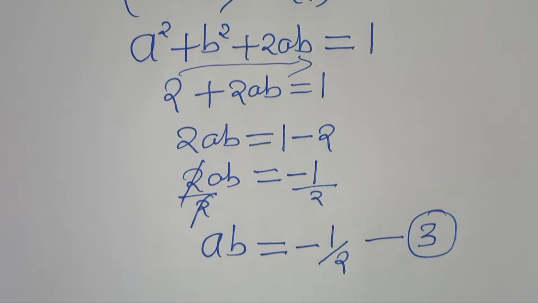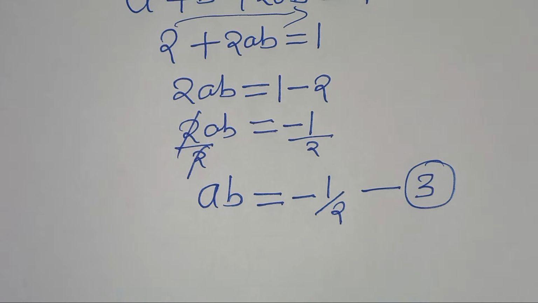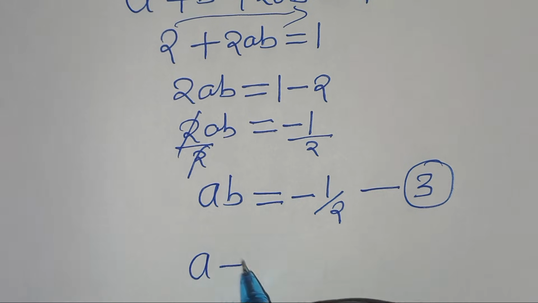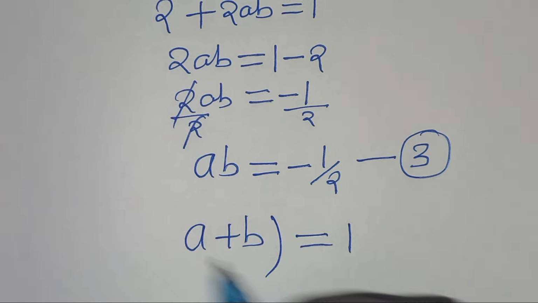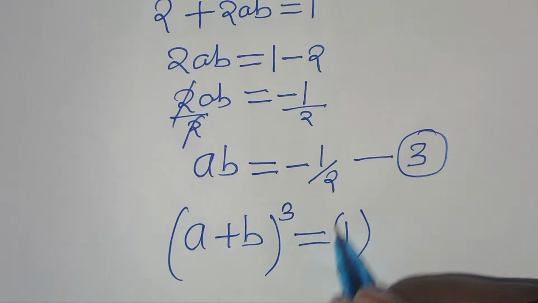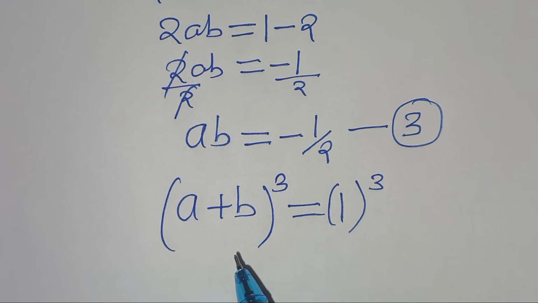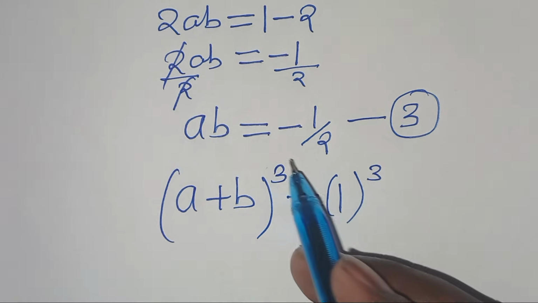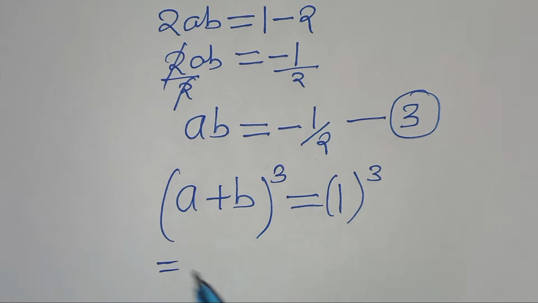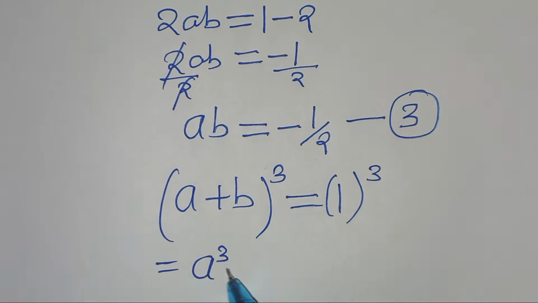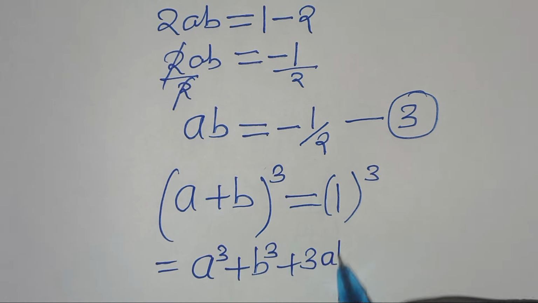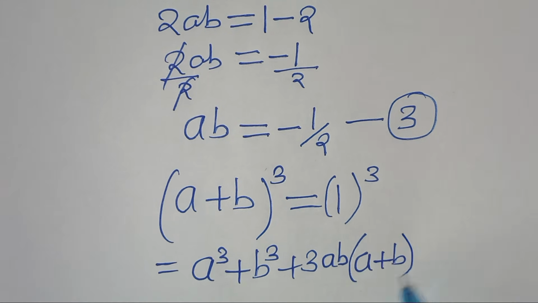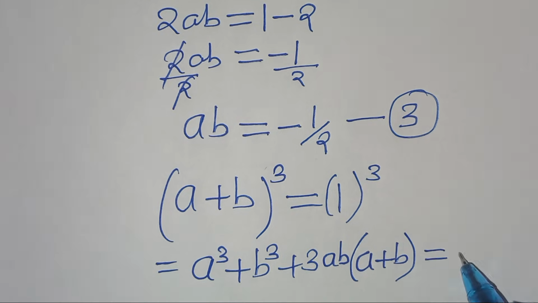Now the next step, from the same equation 1, a + b = 1, let's raise to the power of 3 on both sides. What this means is that (a + b)³, remember this is in the form of a³ + b³ + 3ab(a + b) = 1³, which is 1.